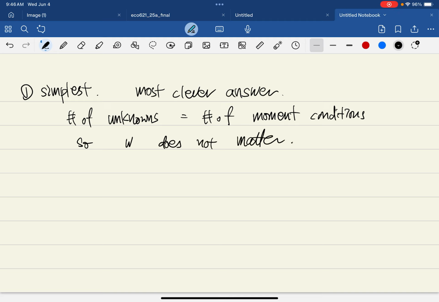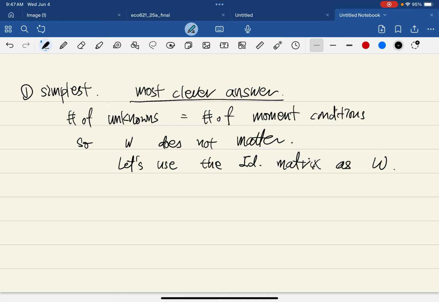This is the most clever and correct answer, right? It does not matter. Whatever you choose for W, it will be the same minimization, right? So let's use the identity matrix as the weight. This is the best, simplest answer. Actually, the question is pretty simple.